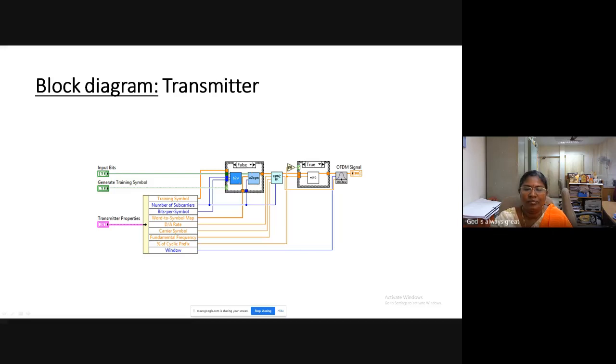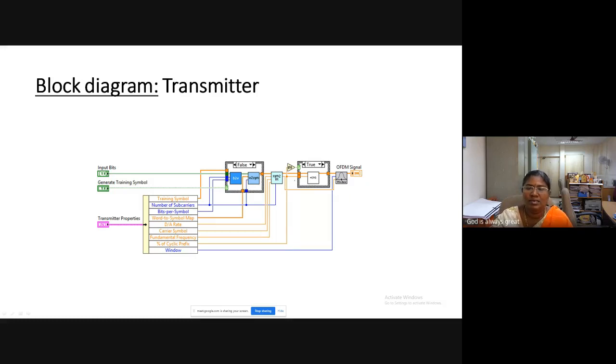Then another sub-VI will do word to symbol conversion. The next sub-VI is going to convert the symbols using the fast Fourier transform. This is actually the more important part in OFDM. This sub-VI gets the symbols and gives orthogonal subcarriers to them.